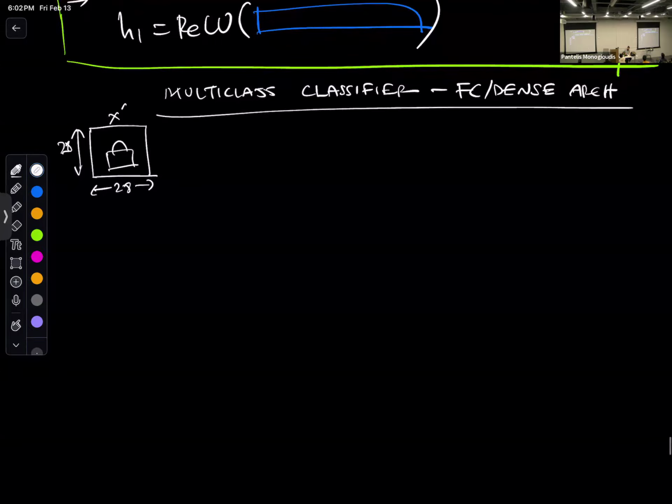And I'm going to draw the architecture where this X prime is coming in, and I'm going to create a vector out of the matrix. How? I think we discussed that already from lecture number 1. I'm going to flatten the matrix into a vector. How am I flattening the matrix? I'm taking the first row, appending to it the second row, all the way down to the 28th row. So now I have an X which has dimensions 784 by 1. It's a long vector.